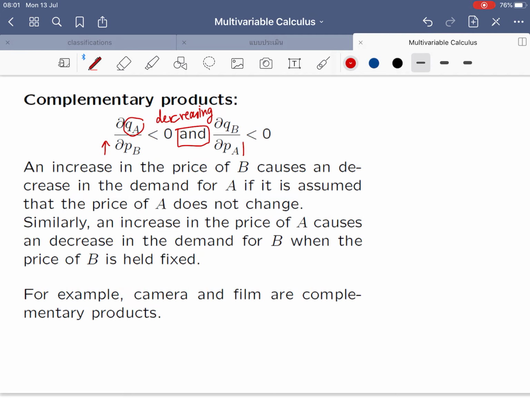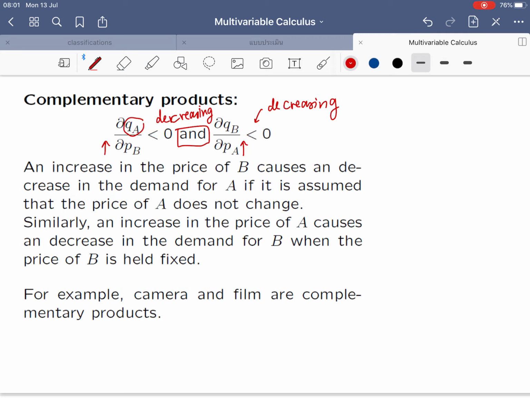If the price A goes up, of course people don't buy product A. How about B? People also don't buy product B because the demand is decreasing. So if B is more expensive, we don't use B and we don't use A. If A is more expensive, we don't use A and we also don't use B.